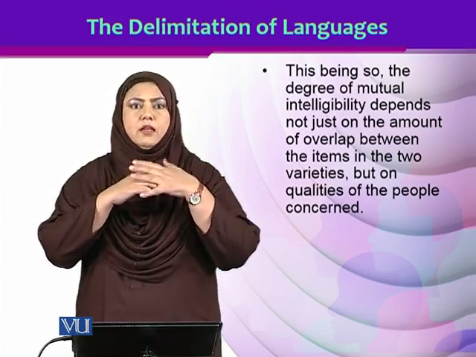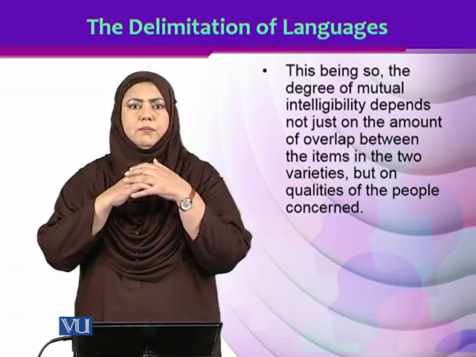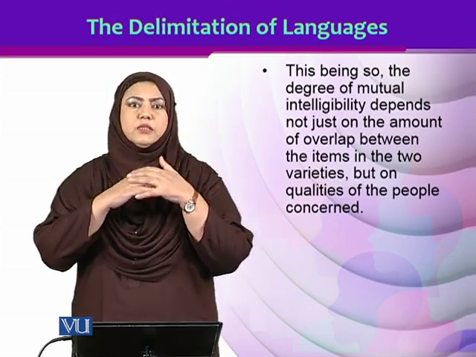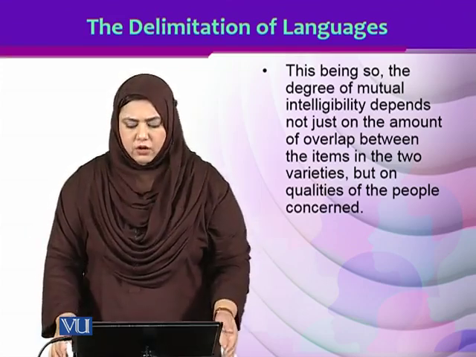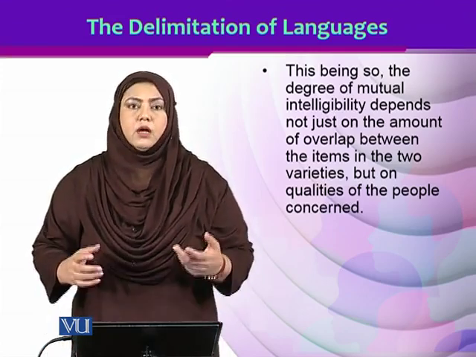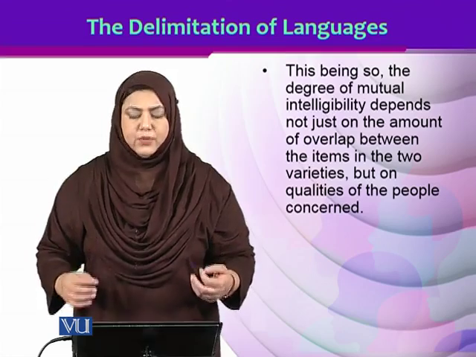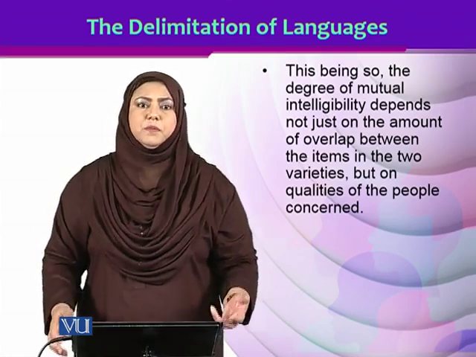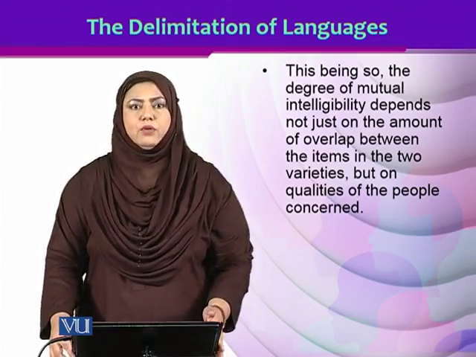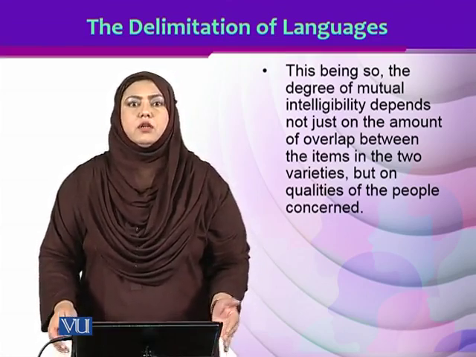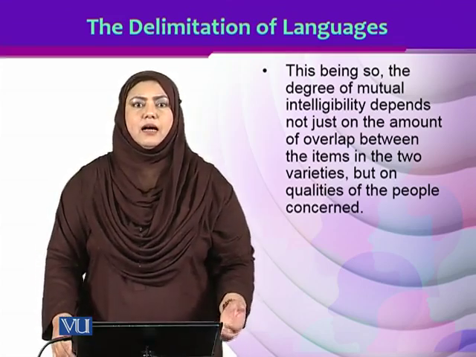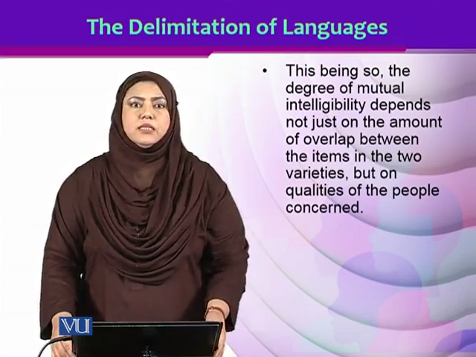For example, 10,000 words or 100 words or whatever the number of variety A overlap with variety B, means both languages share that. It is not an issue of that. It is also concerned with the qualities of the people. So, the idea of delimiting a language in itself is not very clear-cut, and it is not easy to find answers. There are certain ambiguities related to it.